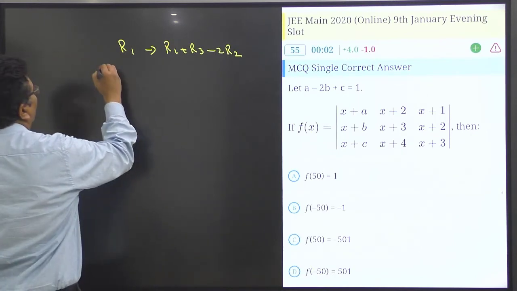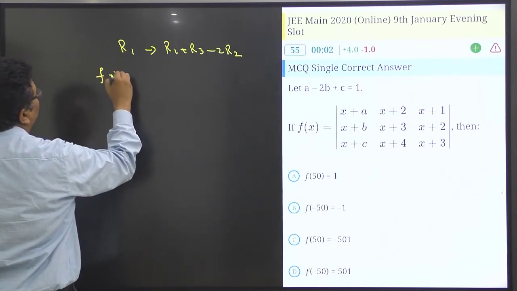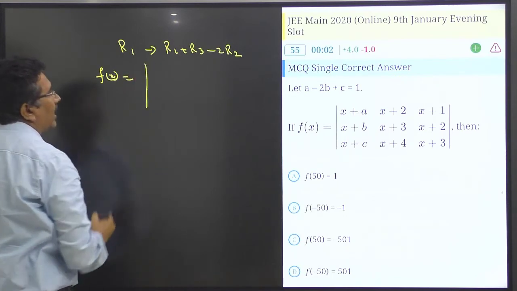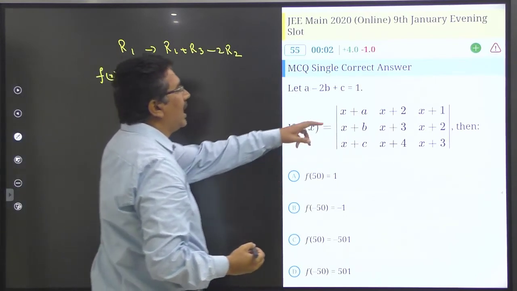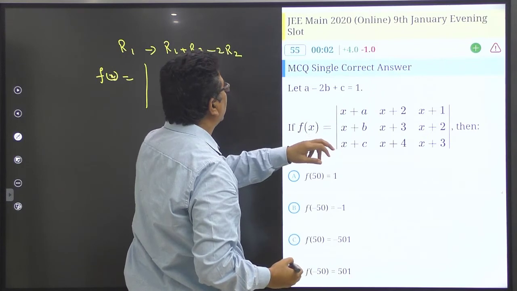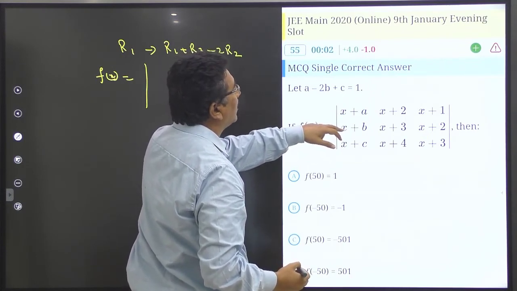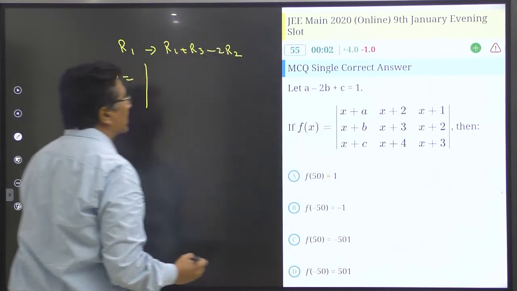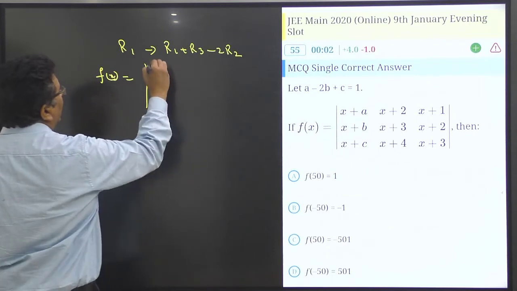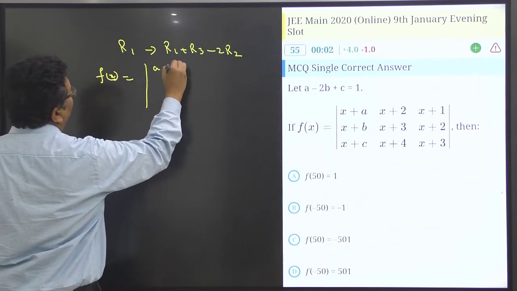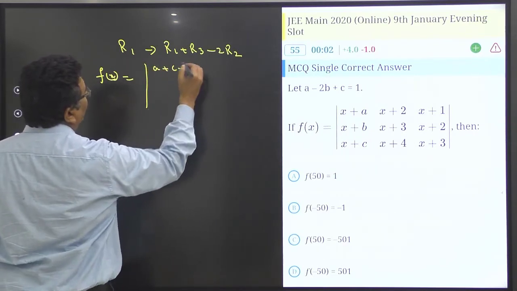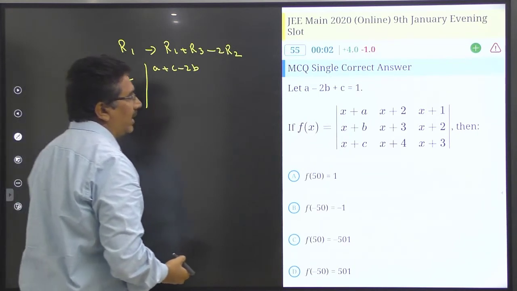Now f of x can be changed: the first row becomes x plus a plus x plus c minus 2x minus 2b, that is a plus c minus 2b here.